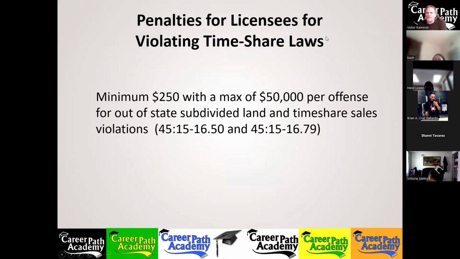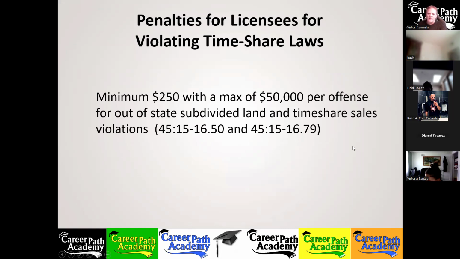So the penalties for licensees that violate timeshare laws: the minimum is a $250 fine with a maximum of $50,000 per offense for out-of-state subdivided land and timeshare sales violations, which are covered under Title 45, Chapter 15-16.50 and 45:15-16.79.